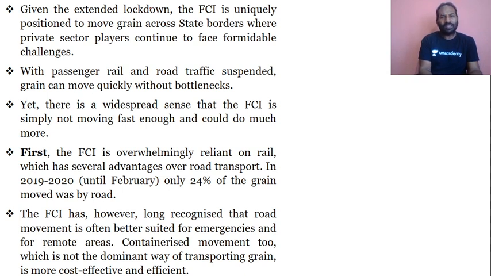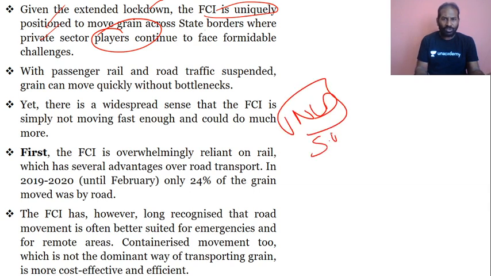Given the extended lockdown, the FCI is uniquely positioned to move grain across state borders, where private sector players will continue to face formidable challenges because of the national lockdown and social distancing.